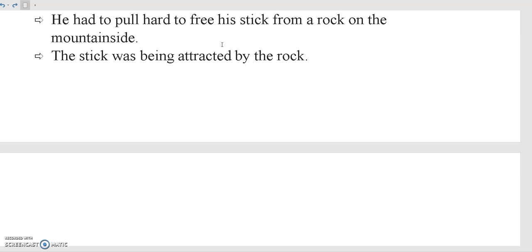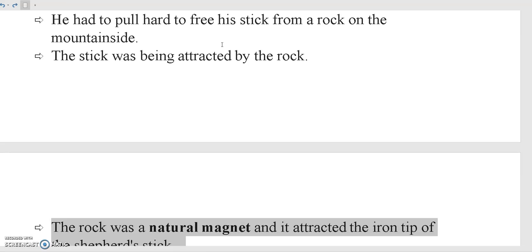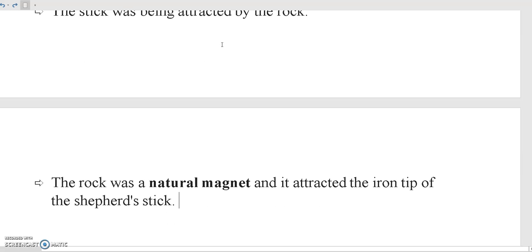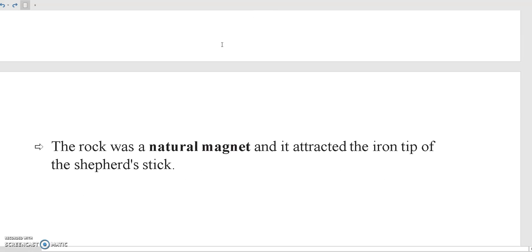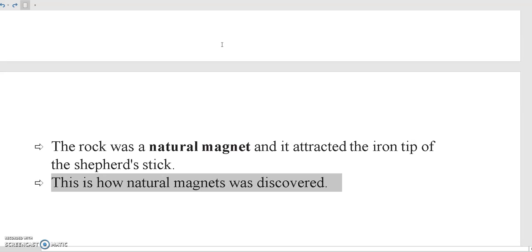People then found out that the rock to which this iron tip was getting attracted was a natural magnet. It attracted the iron end of the stick. And this is how the natural magnet was discovered.